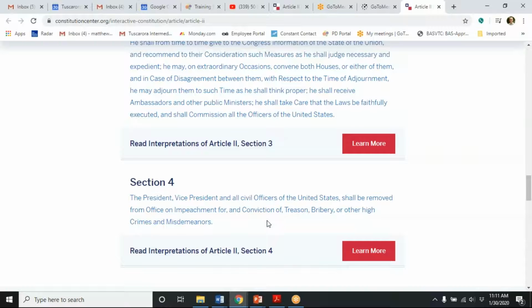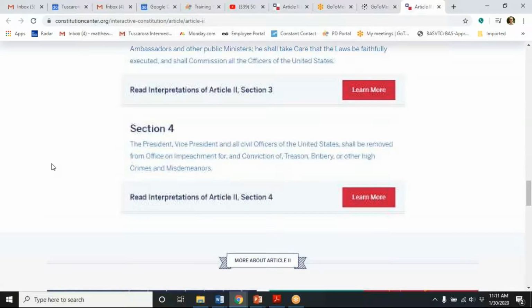There's a chance it even wraps up by tomorrow, or it might go into the future. Those impeachment charges are on trial in the United States Senate. So that's the Constitution being acted out.